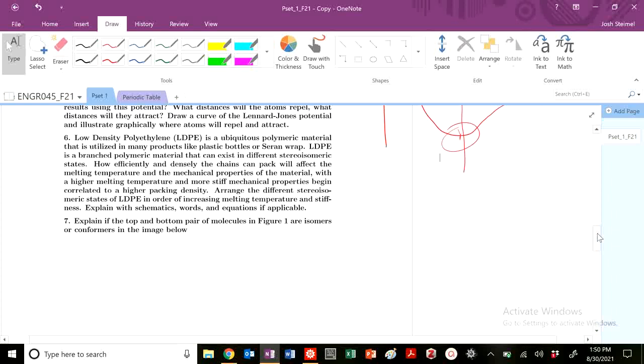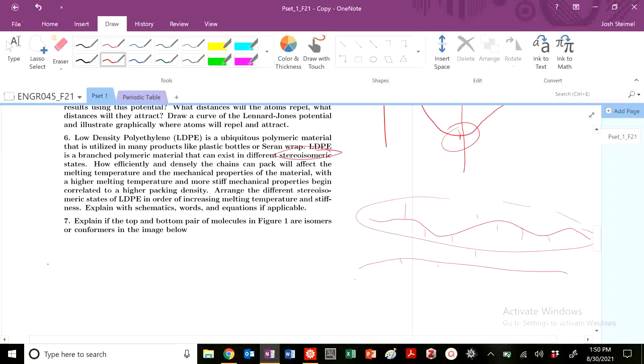LDPE, low density polyethylene, has lots of these side branches. It's different from HDPE, which has very few side branches. Anyways, LDPE has these branch sites, and the branches can be in different isomeric states, specifically stereoisomeric states, just like we saw in class: atactic, isotactic, or syndiotactic.